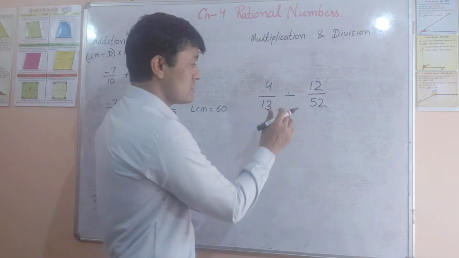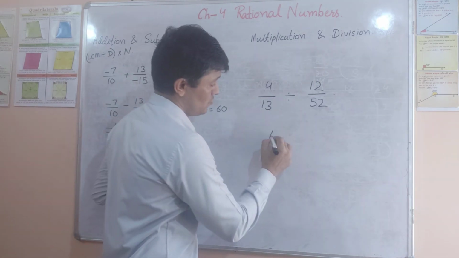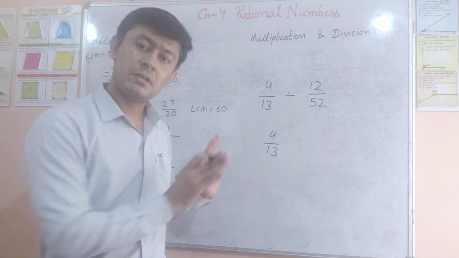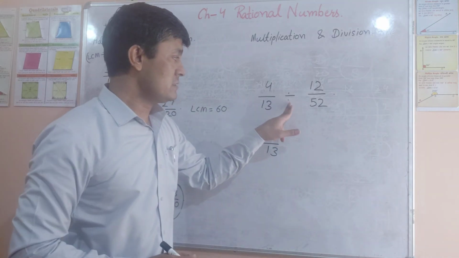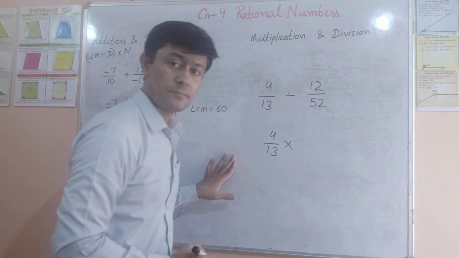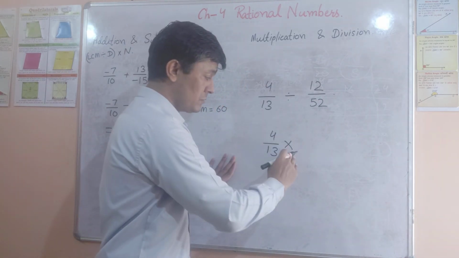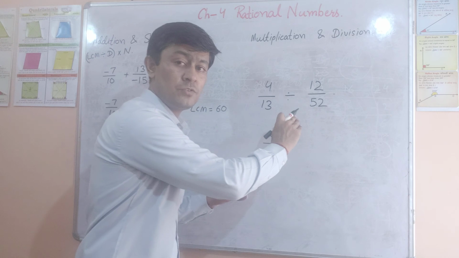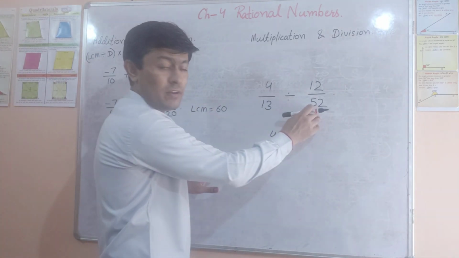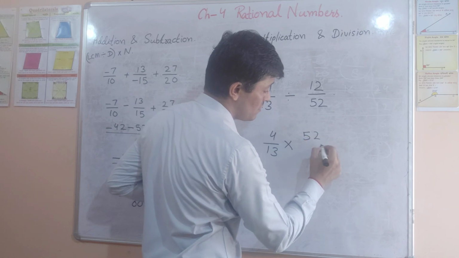Now, in case of division, what you have to do, you have to write down the first digit always same as it is. Instead of the division sign, you have to put the multiplication sign here. Now, as you write down the multiplication sign, it means to say you have to take the reciprocal of the next rational number. The next rational number is 12 upon 52. So this will become 52 upon 12.